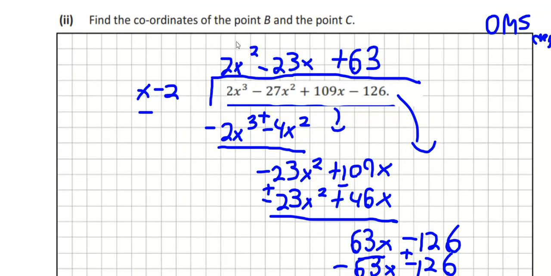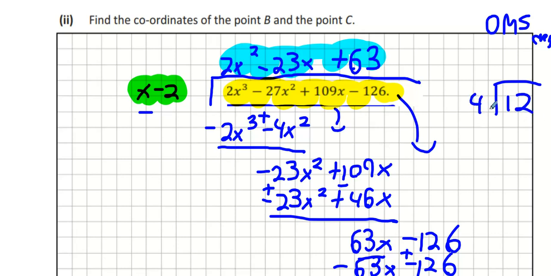Now, the deal is that what we're claiming is that this yellow part here is the same as the green part multiplied by the blue part. In the same way that 12 divided by 4 equals 3, we're claiming that 3 multiplied by 4 gives you 12.